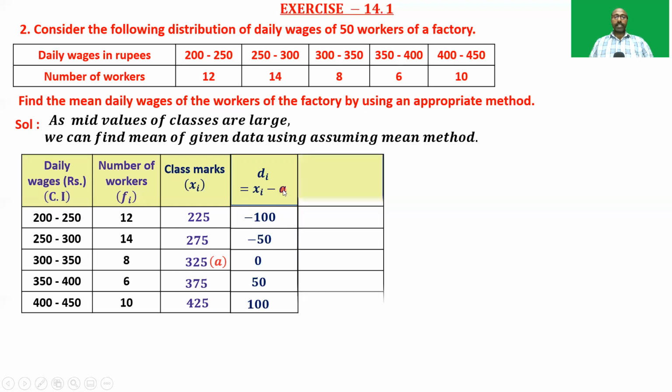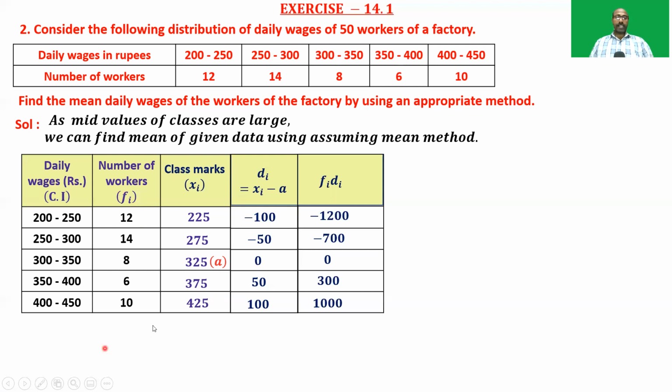Now the fifth column is fi into di, that is the product of fi and di. 12 into minus 100 is minus 1200. 14 into minus 50 is minus 700. 8 into 0 is 0. And 6 into 50 is 300. 10 into 100 is 1000.